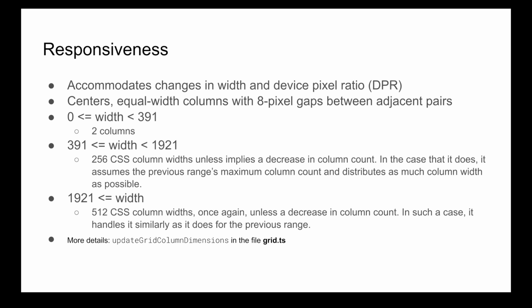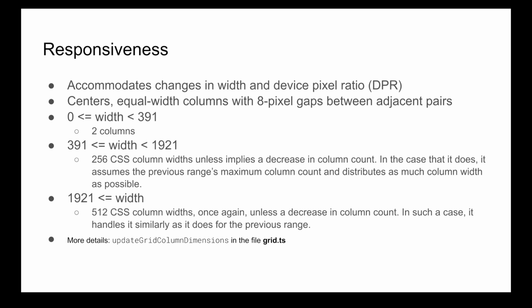It allocates a column width as follows, with the caveats to ensure that the column count never decreases as the visual viewport width increases. For visual viewports that have a width of less than 391 pixels, it allocates a width assuming that there will be exactly 2 columns.